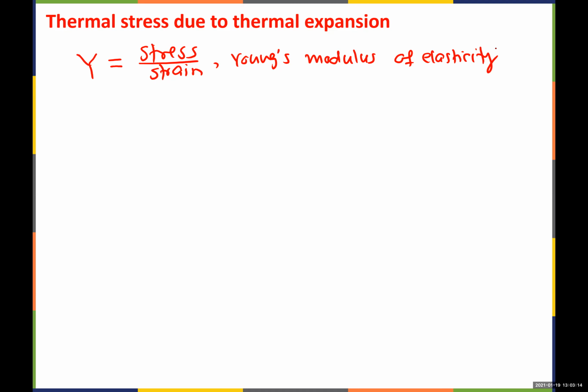So if you remember, stress is force per unit area. Strain is change in length over initial length. So F is the force applied, and A is the area.